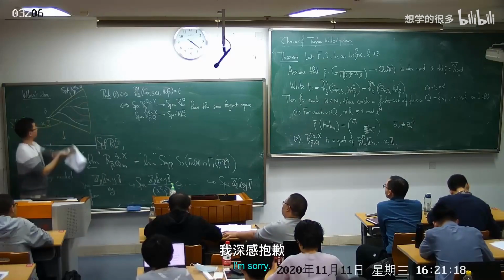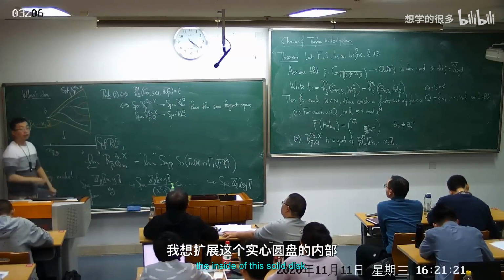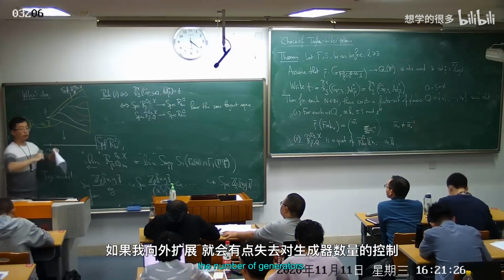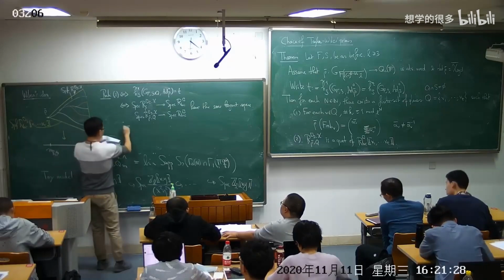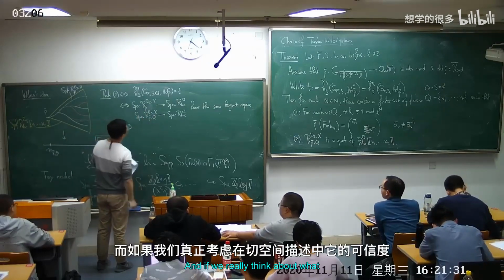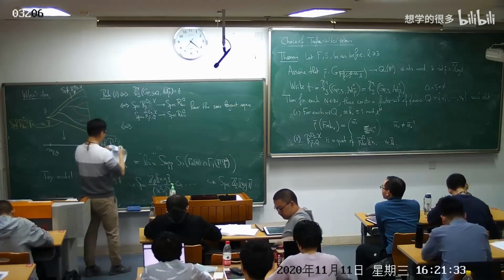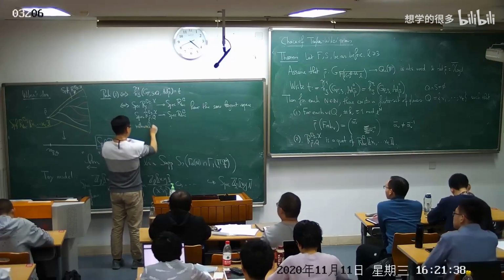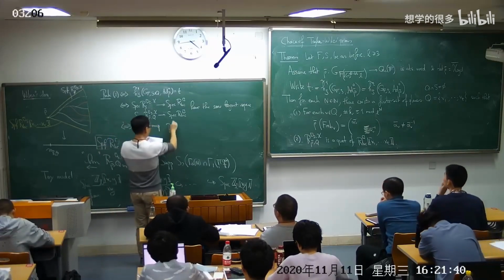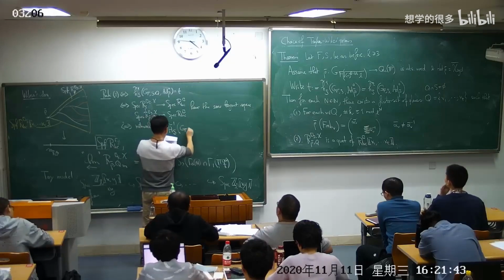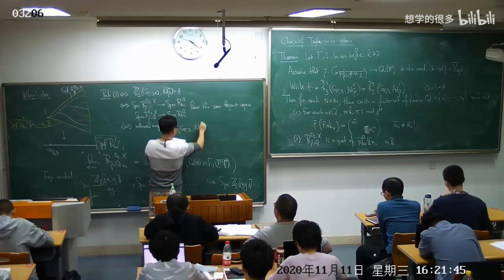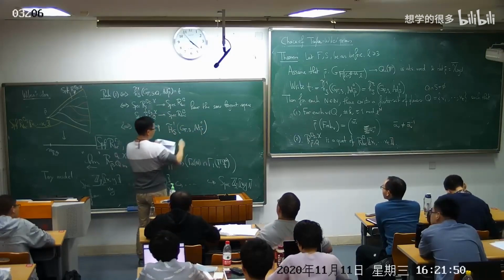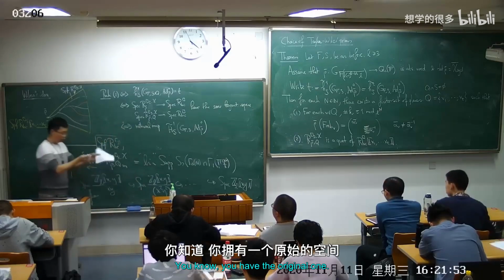That's what I really want. I want to grow inside of this polydisk. I don't want to grow outside. If I grow outside somehow, I kind of lost control of the number of generators. And if we really think about what this translates to in terms of tangent space description, it basically says the natural map of the tangent space of the original one, you have the original one, you have the bigger one.